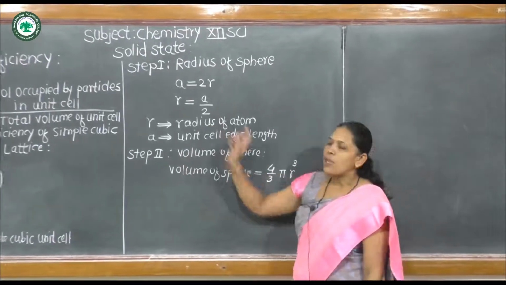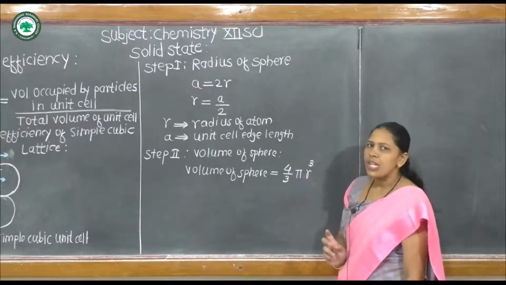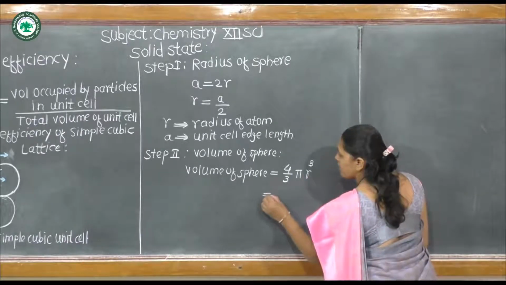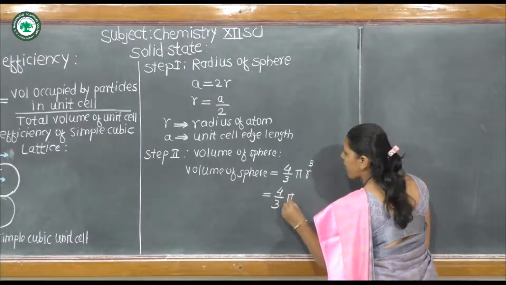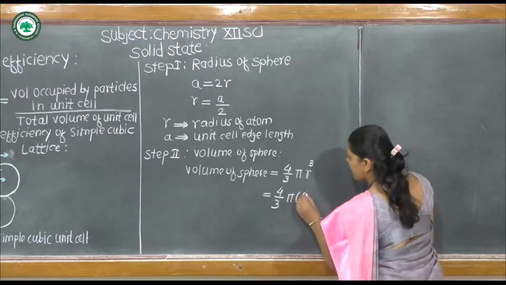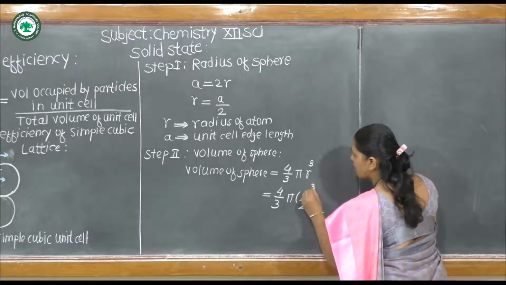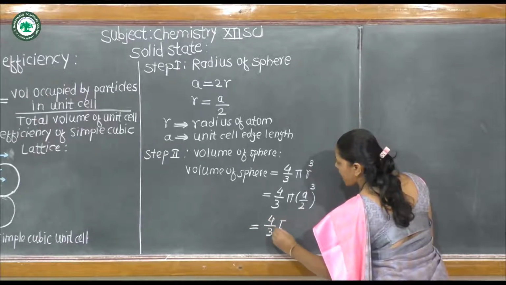Then the value of r is A by 2, which is substituted in this equation. Volume of sphere is equal to 4/3 pi, and what is the value of r? That is A by 2, A by 2 whole cube.